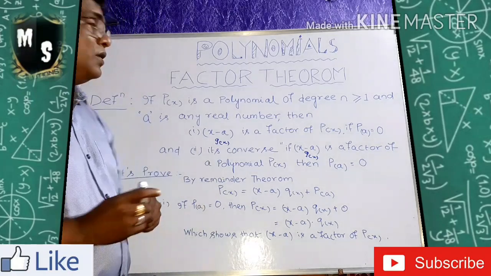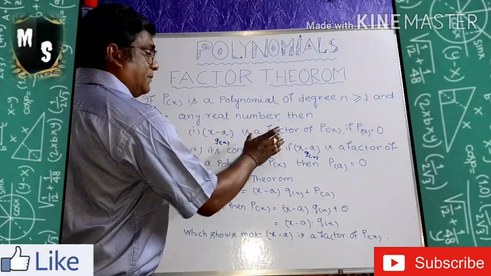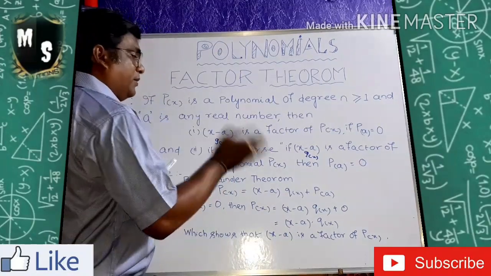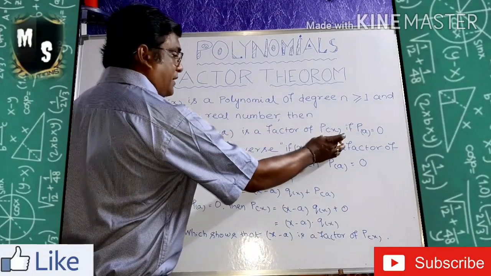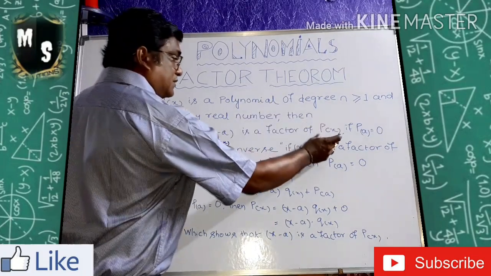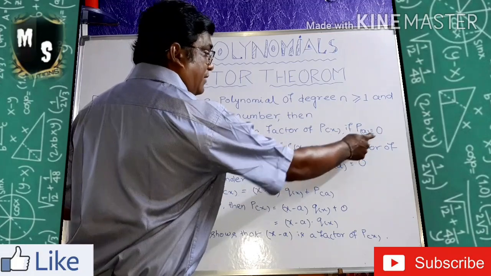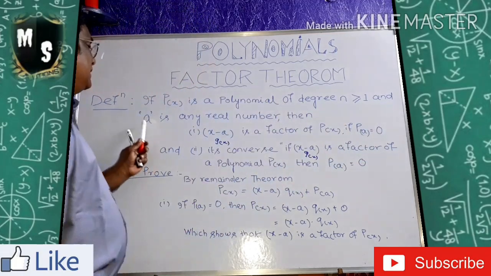Again I am saying to you, the first part says: when will x minus a be a factor of p(x)? Let this polynomial be g(x). It will be a factor of p(x) when p(a) is equal to 0. What is a? a is any real number.